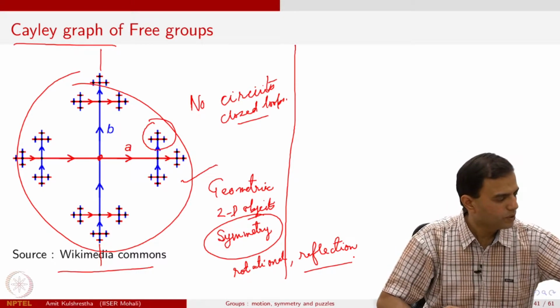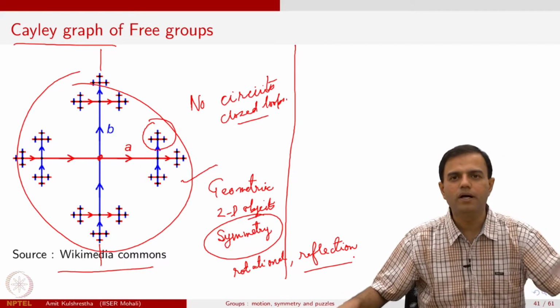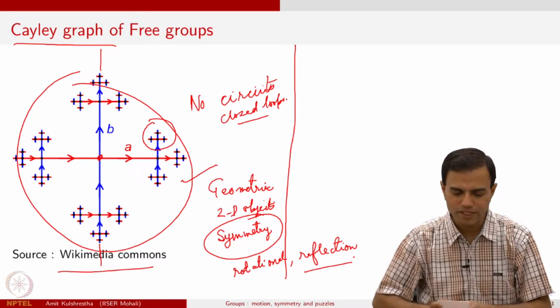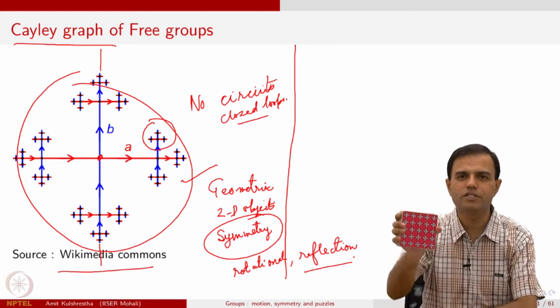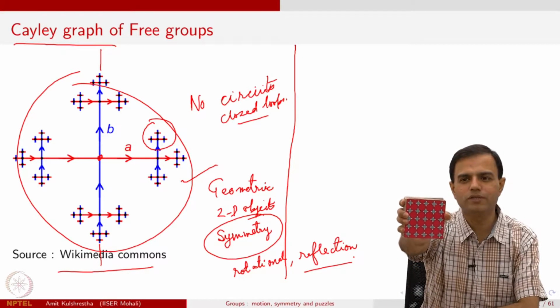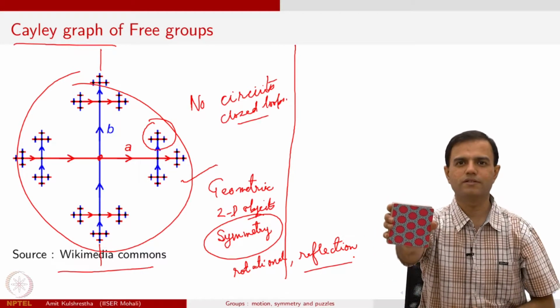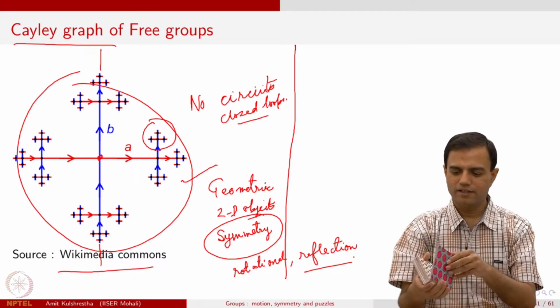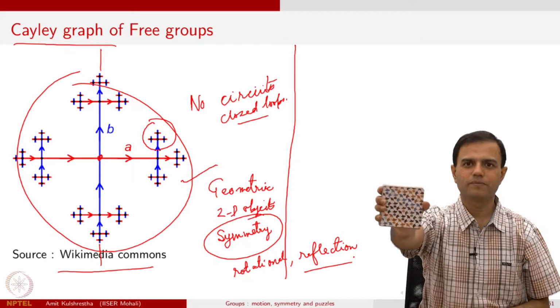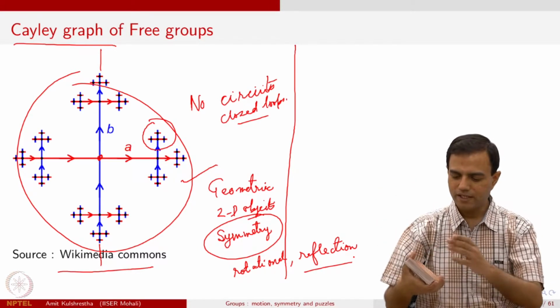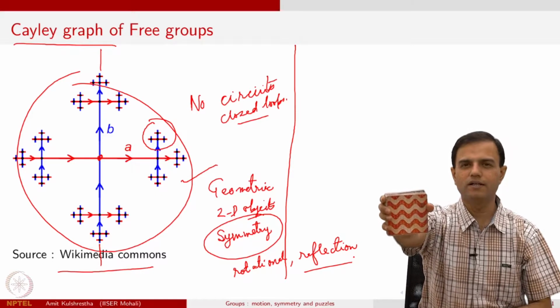and there could be more symmetries in this. I am going to show you certain two-dimensional objects, certain pictures which have beautiful symmetry. You can see that, right? Very nice pictures. Quite fascinating. Some of them are very classic.